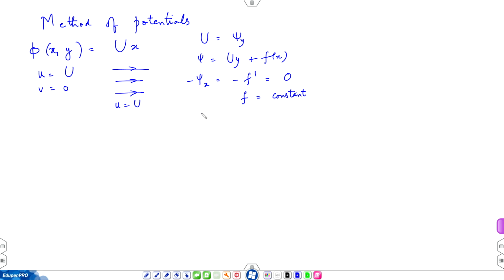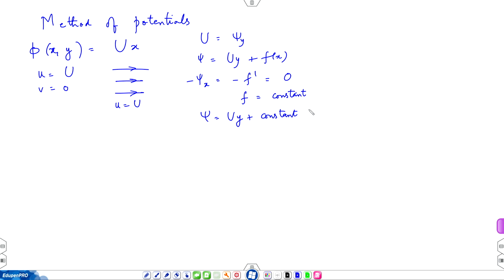So, that gives you psi. You might know from your previous courses that potentials are determinable only up to an arbitrary constant, and then the constant, by relating it to the geometry, you can fix the constant.